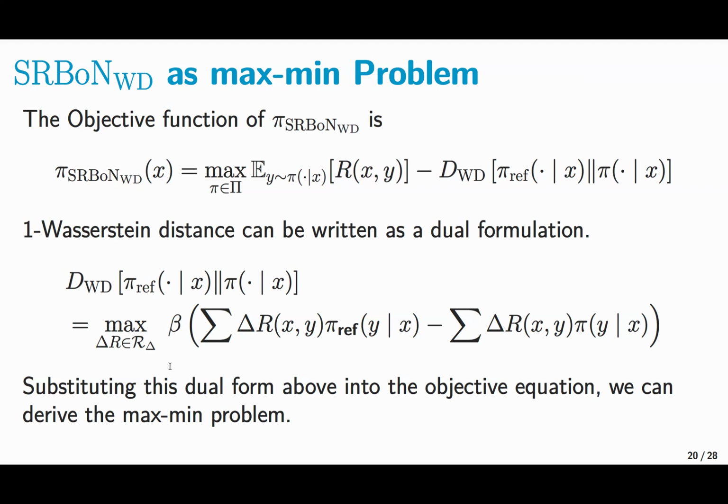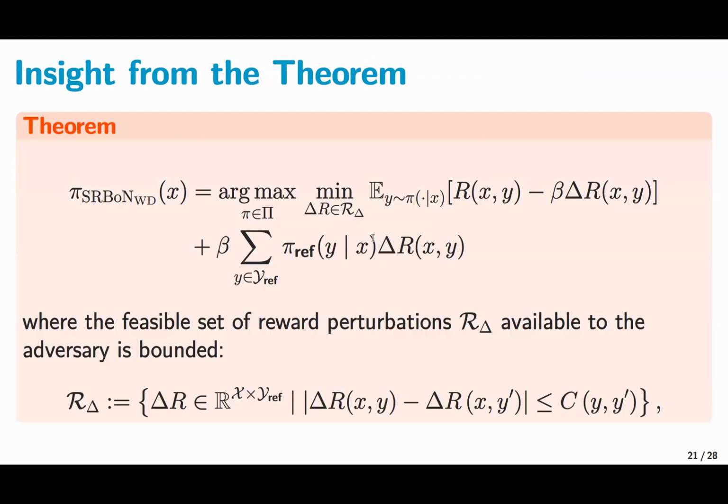Substituting this dual form into the original objective equation, we can derive the max-min problem. The reward perturbation delta R available to the adversary is bounded to this set.